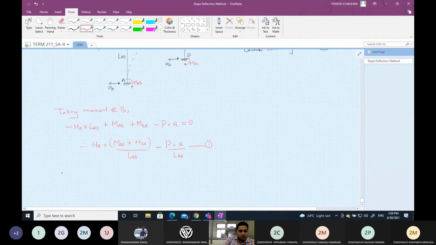Then second, taking moment at C, so it will be minus HD into LCD plus MCD plus MDC equal to 0.